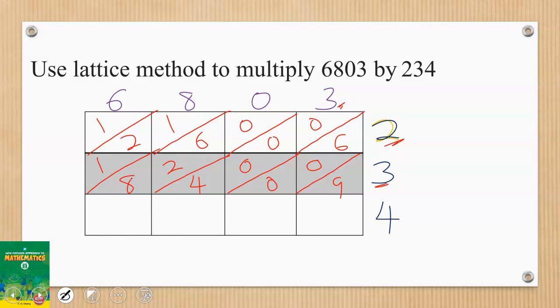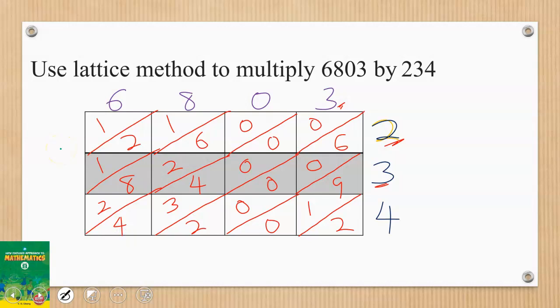Then we move again to the third row. 4 times 3 is 12, so 1, 2. 4 times 0 is 0, 0. Then 4 times 8 will give us 32, so 3, 2. And then 4 times 6 is 24, so 2, 4.